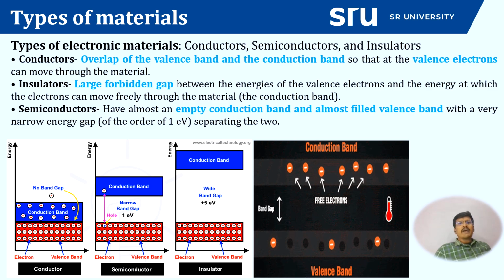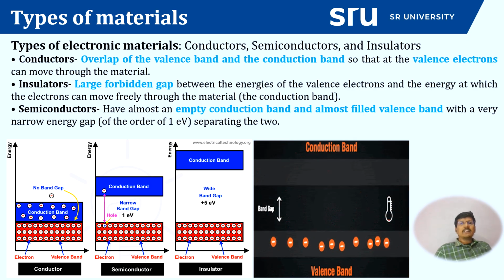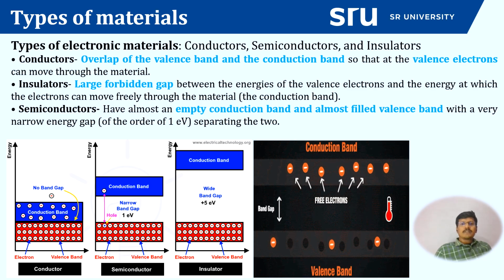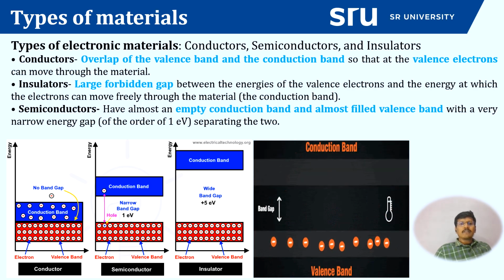From the energy band perspective, the materials are again classified. The overlapping of valency band and conduction band refers to the conductors, whereas in insulators, the band gap is very large.